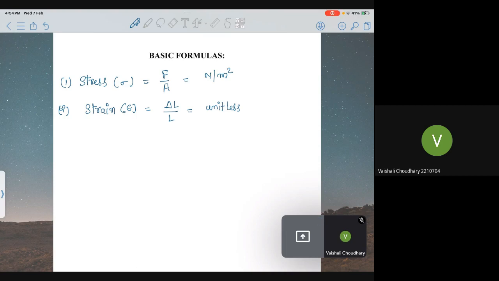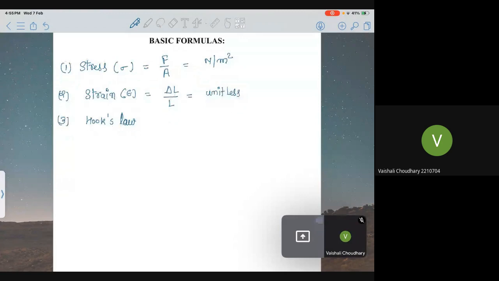Then we learn the famous law of mechanics, which is Hooke's law. That shows a relation between stress and strain. So Hooke's law says that in a mechanical system the applied stress is directly proportional to the strain, or sigma is directly proportional to epsilon.